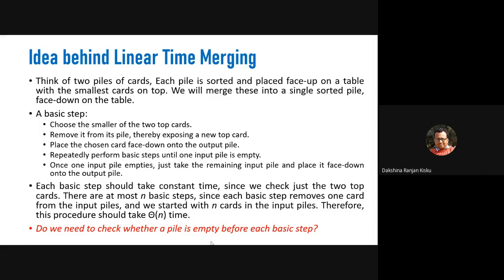So we do not need to check whether a pile is empty before each basic step. Whenever one input file is found to be empty, that is, when the sentinel card is exposed, we just take the remaining input file and place it face down onto the output file.